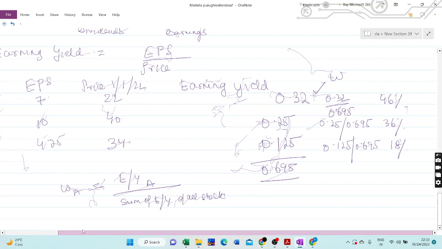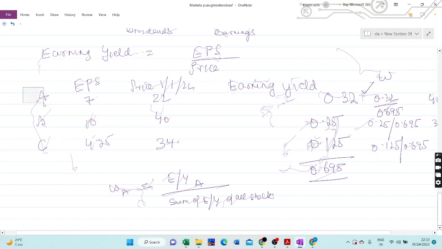Okay. Now guys, think of this. Out of these three stocks, which one would you prefer to invest in? A, B, or C? A. Yes, you would want to invest in stock A because it's generating the highest amount of earnings per dollar invested, right?